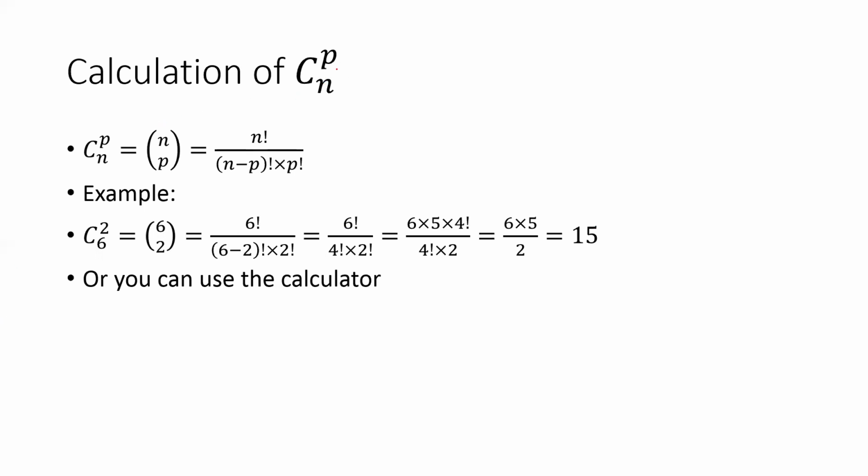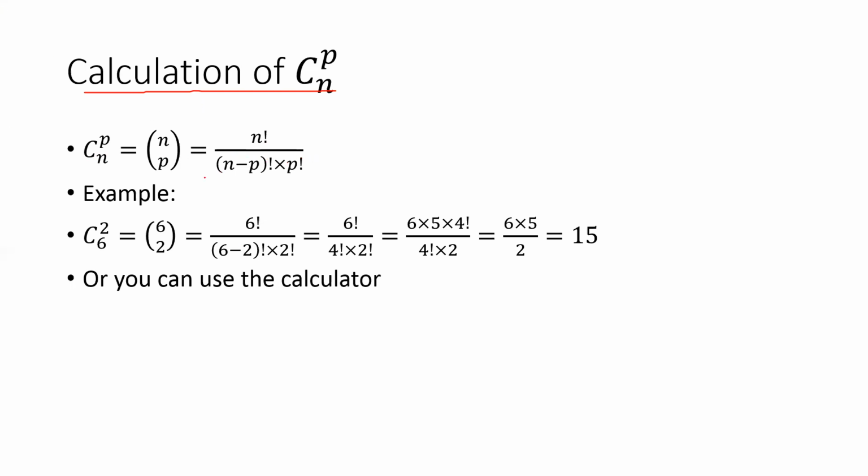Now the rule of calculation of C n choose p. The rule is: C n p is n factorial over the difference factorial times p factorial, that is n factorial over n minus p factorial times p factorial.